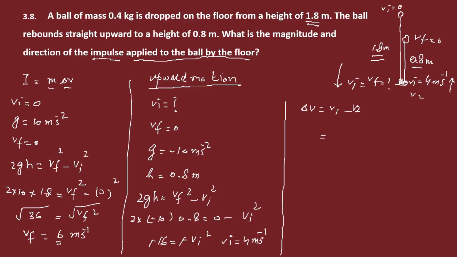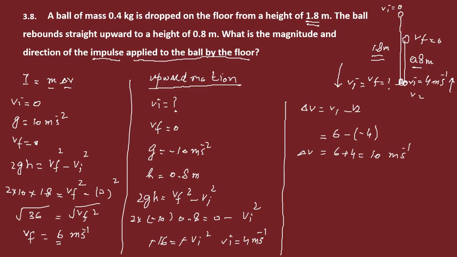The downward speed was 6, and the upward speed was 4 but opposite in direction, so we take its negative sign. 6 minus minus 4, it will give us 10. So the change in speed was 10 meter per second.